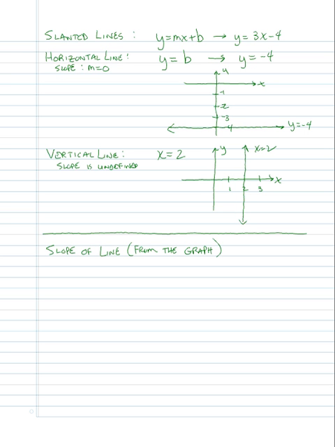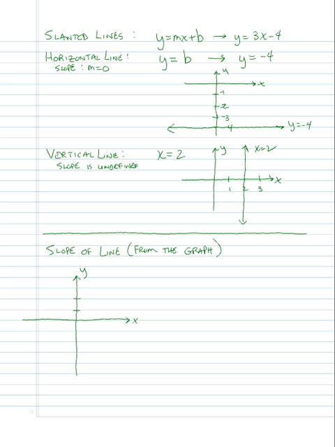So that might be when we don't actually know the equation, we see a graph of the line. So for instance, let me draw a graph here. I'm just going to sketch one in real quickly, and pardon me for it not being perfectly accurate, but I'm sure that's okay with you.